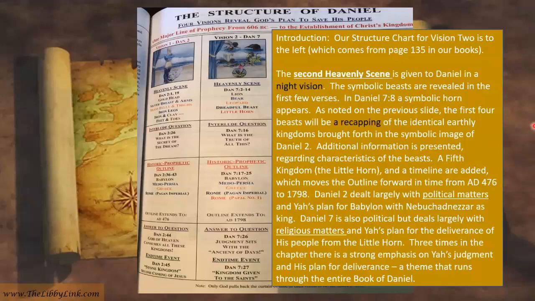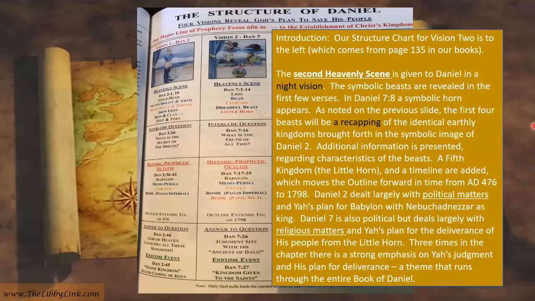A fifth kingdom, the little horn, and a timeline are added, which moves the outline forward in time from AD 476 to 1798. Daniel 2 dealt largely with political matters and Yah's plan for Babylon with Nebuchadnezzar as king.